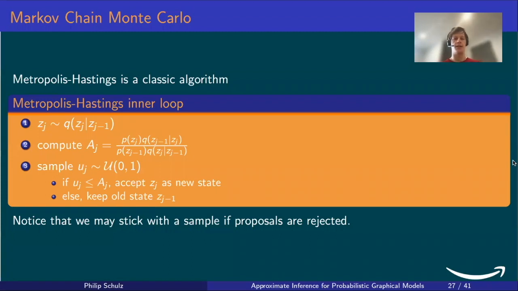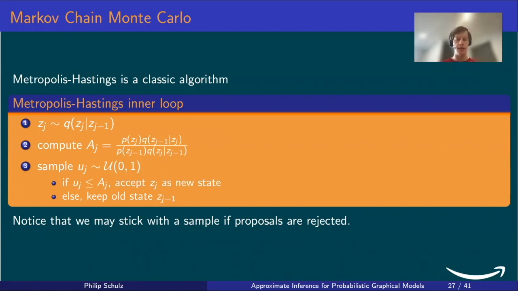And there's a classic algorithm called the Metropolis-Hastings algorithm that accomplishes exactly that. So that allows us to define a Markov chain and then move from sample to sample. And its ingredients are basically as follows. So at each point, we draw a new sample from the conditional distribution that conditions on the previous sample, and then compute an acceptance threshold, where I don't really want to go into the details of the acceptance threshold at the moment.